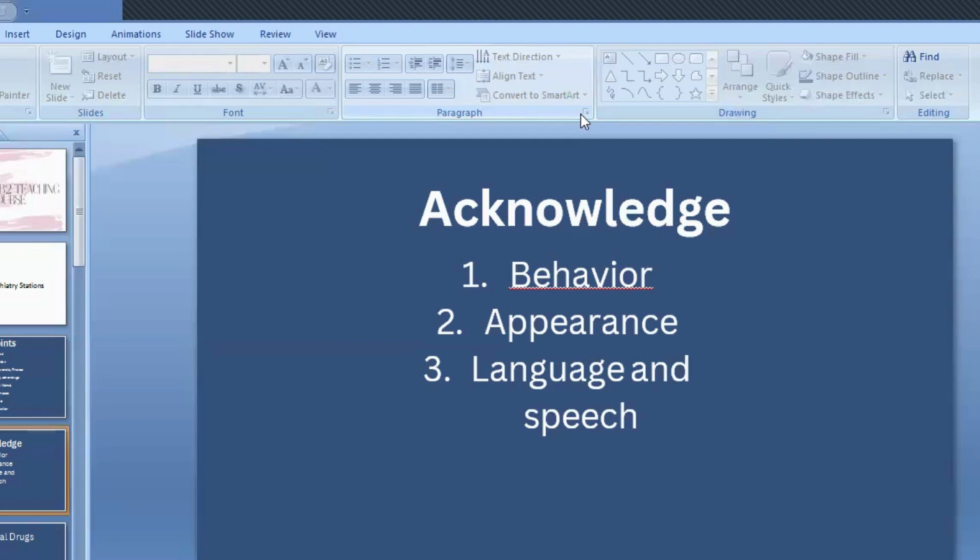So again, I would reinforce this advice that in every case, in every station of PLAB 2, we are supposed to acknowledge the behavior of the patient, and we are supposed to make a good observation regarding the appearance, the language, and the speech of the patient.